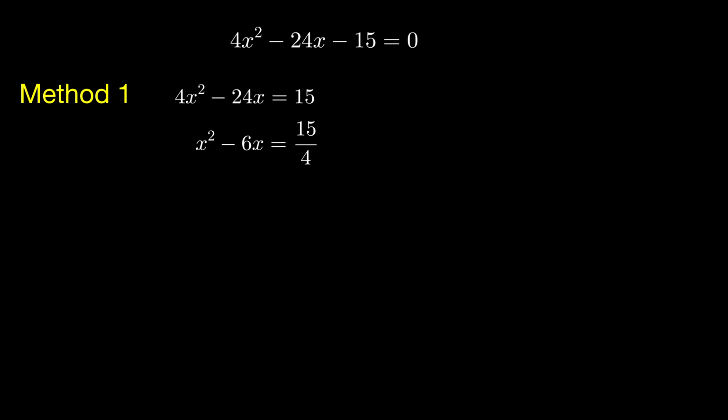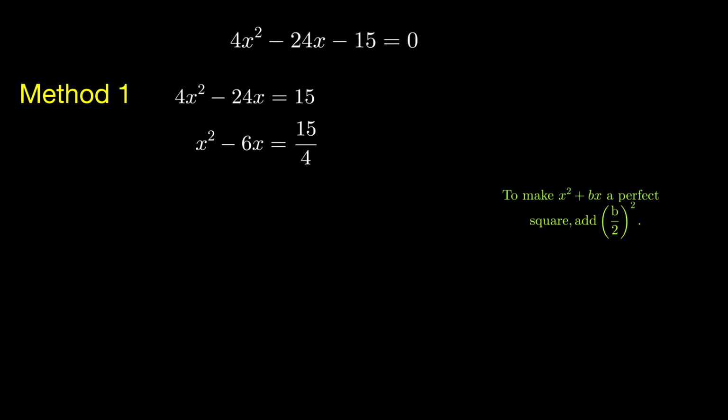So how do we find that constant that we need to add to this x squared minus 6x to make it a perfect square? So the strategy is to make x squared plus bx a perfect square, we have to add the square of the half of the coefficient of x.